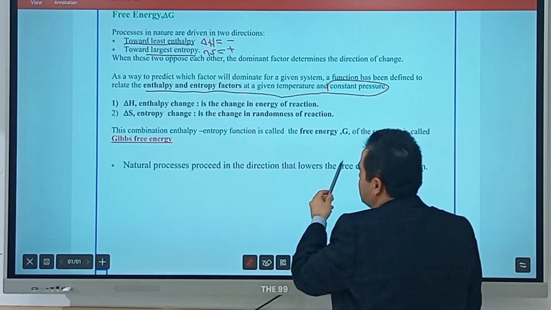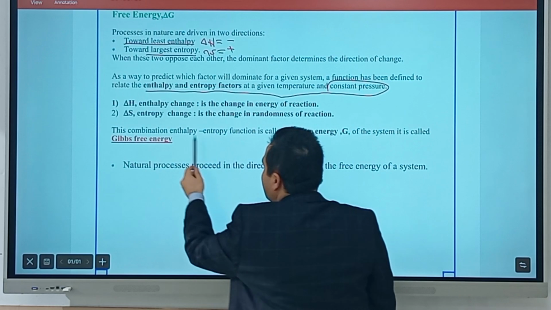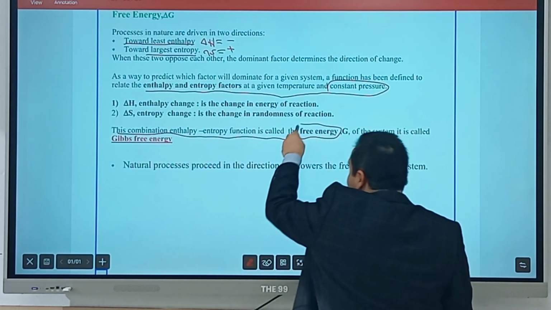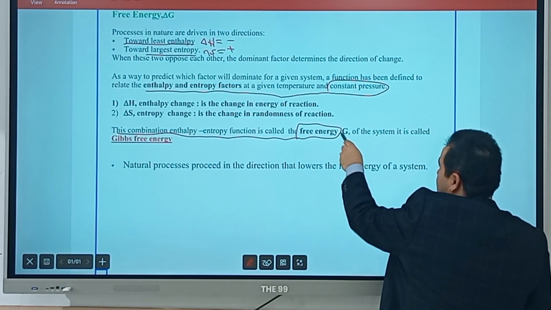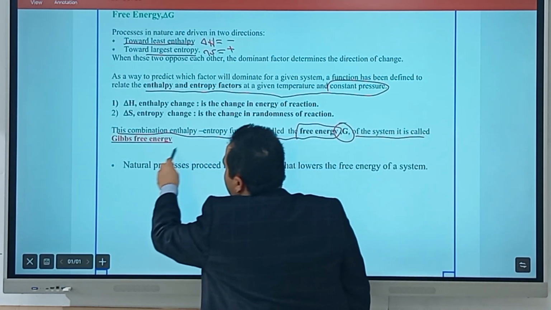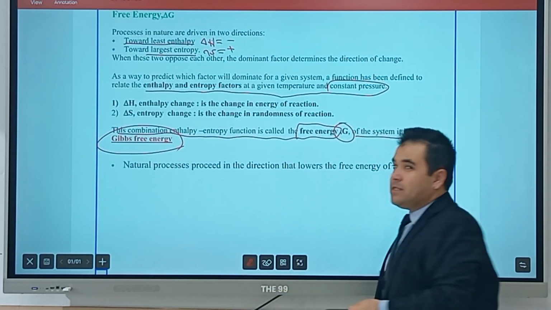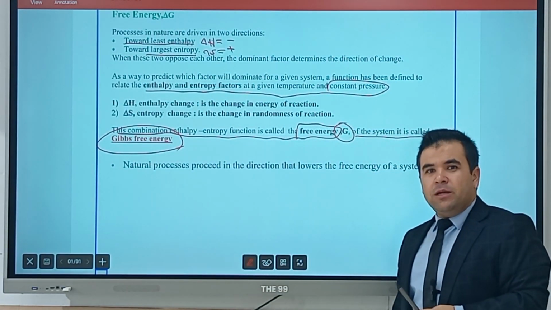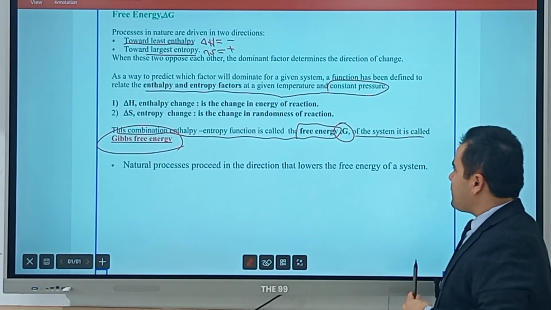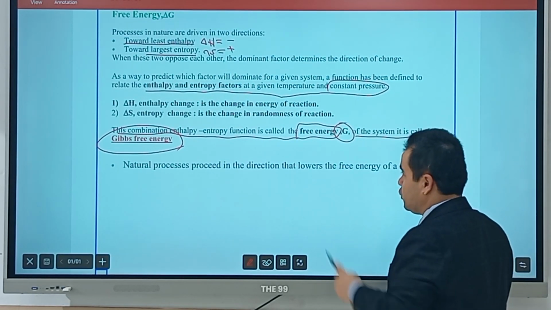Randomness of the reaction is the entropy. So this combination of the enthalpy entropy function is called the free energy, represented by G, guys, of the system, called the Gibbs free energy. The scientist called Gibbs derived this equation in order to predict the spontaneity of reaction.